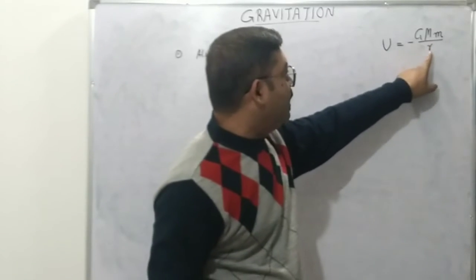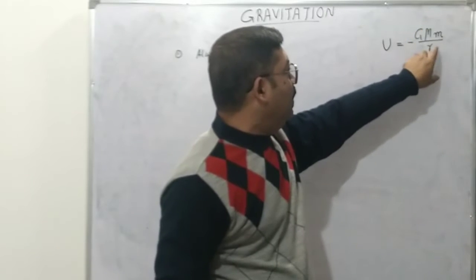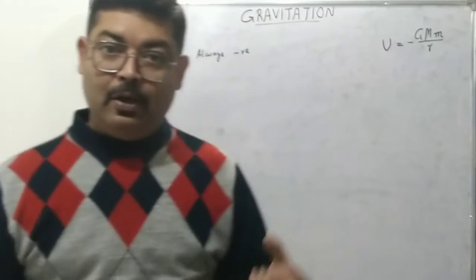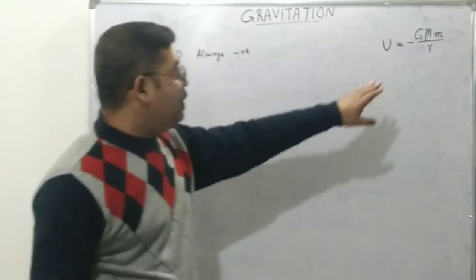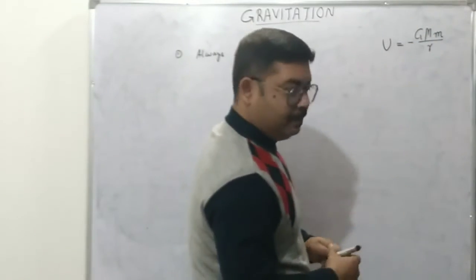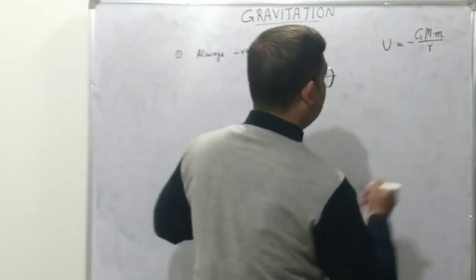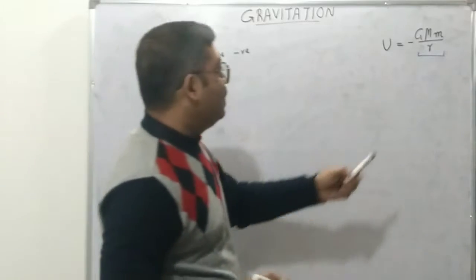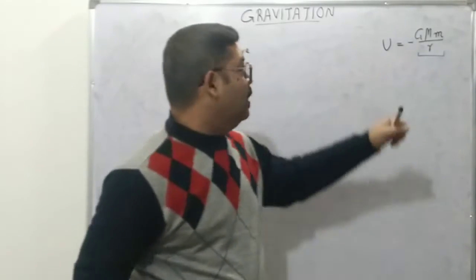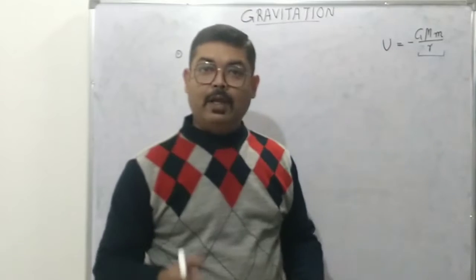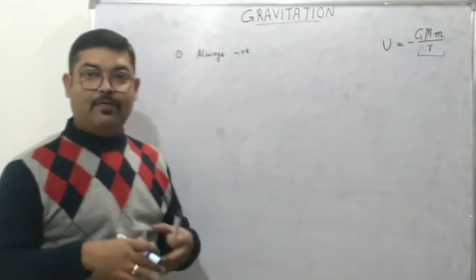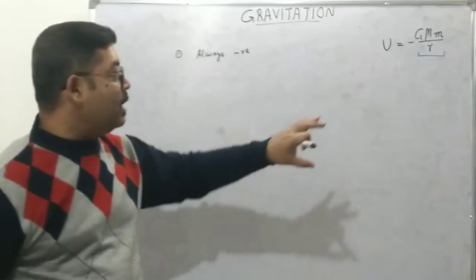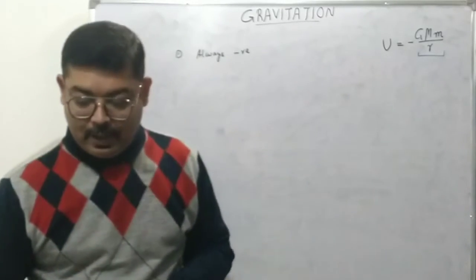If the value of r decreases, the term GMm by r, its value will increase, right? If the value of this term GMm by r increases, then because of the negative sign, the entire value of the right hand side will keep on decreasing. The magnitude of the negative value increases, which means that the entire term becomes more negative, and so its value decreases.